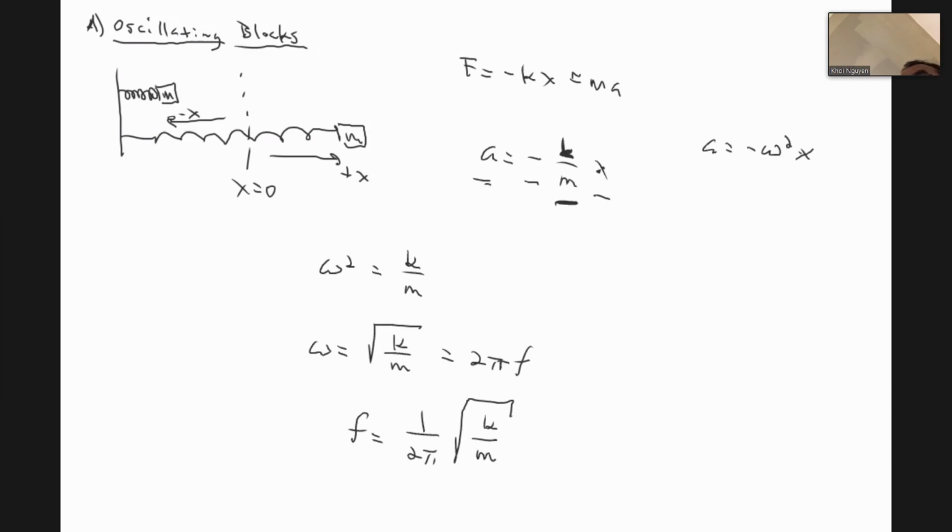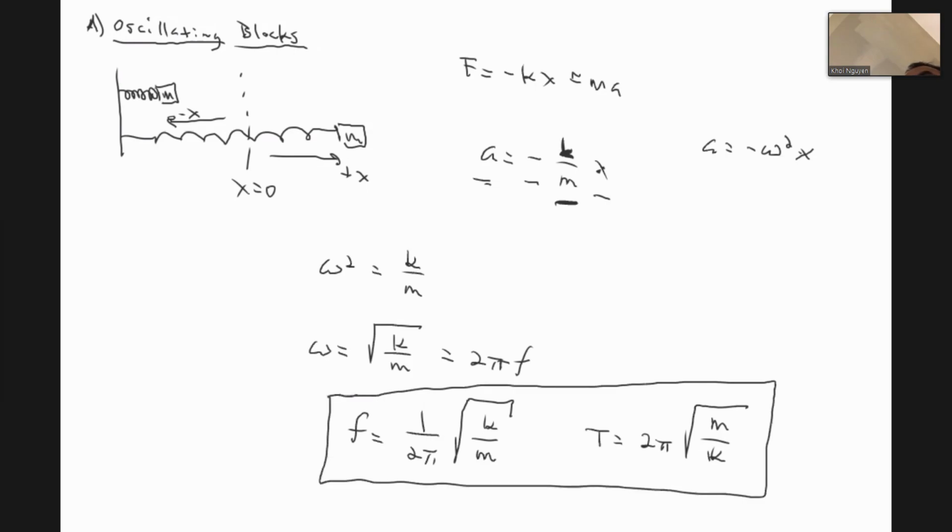And the period is the reciprocal of that. That's 2 pi times the square root of m over k. Okay? So this is your period and frequency for a mass on a spring type system. Acceleration is negative omega squared times displacement, and this thing is the same as this thing. That's how you can equate them to each other.